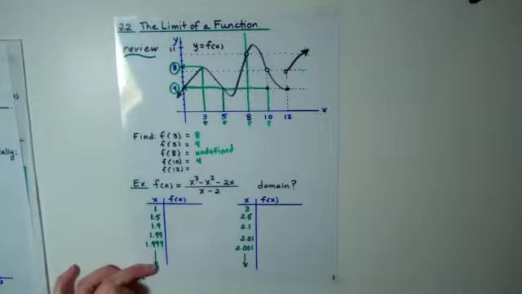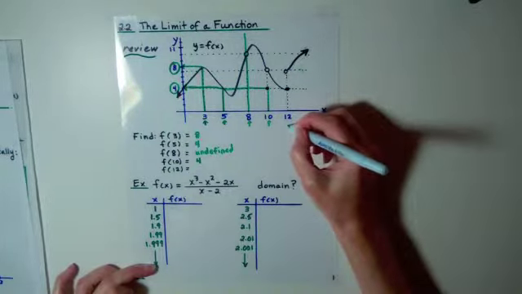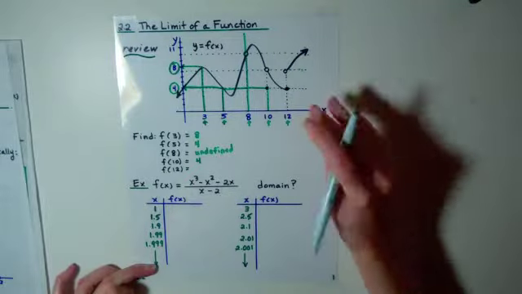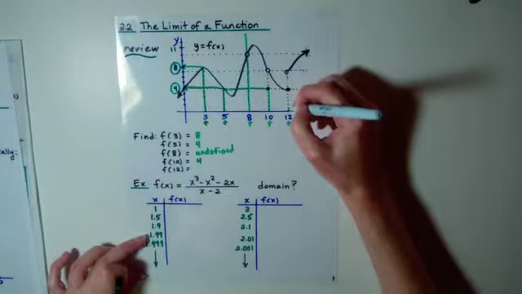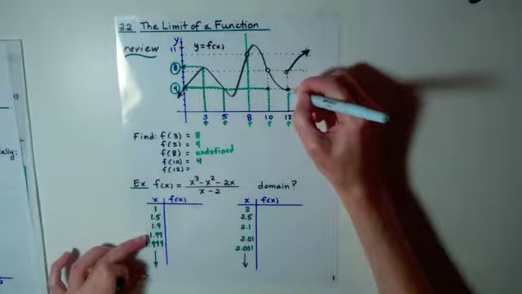Okay, why don't you try the last one and see if you can decide what f of 12 would be. Okay, f of 12 means my input value is 12. So I start on the x-axis at 12, and I go up until I hit my graph. And notice that I hit the graph right here at this solid dot.